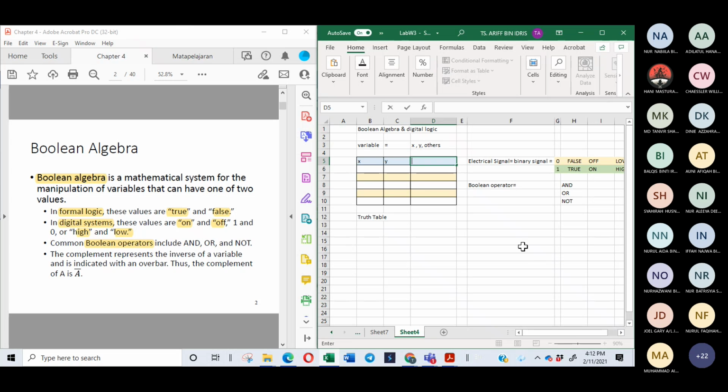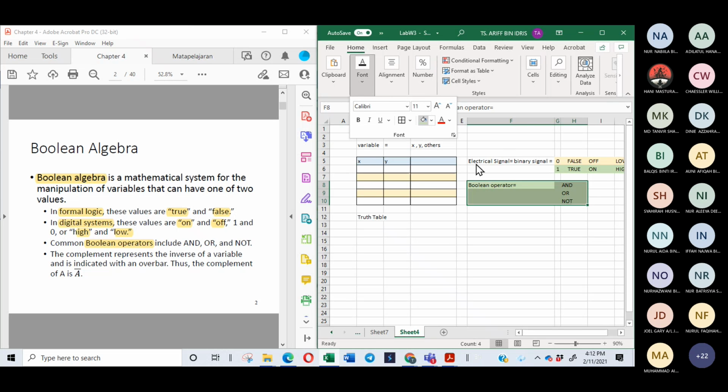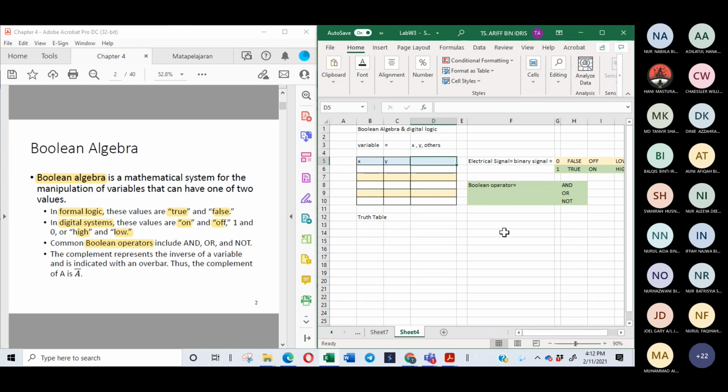Just now you told me the examples of Boolean operators are AND, OR, NOT. So we can have one example of a Boolean operator.